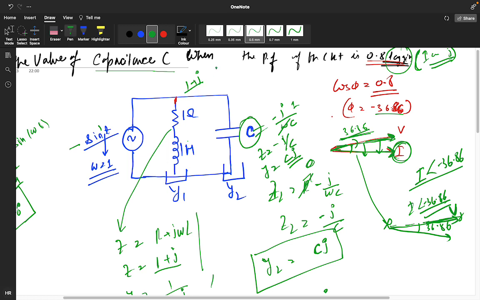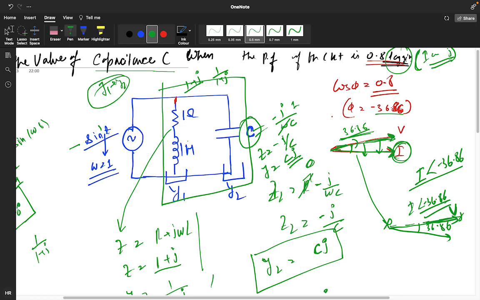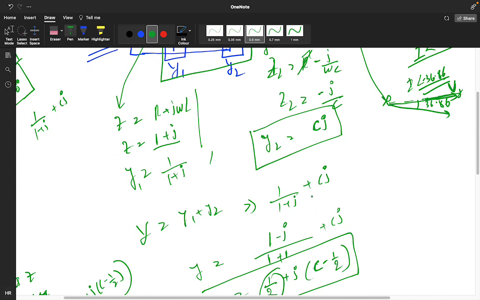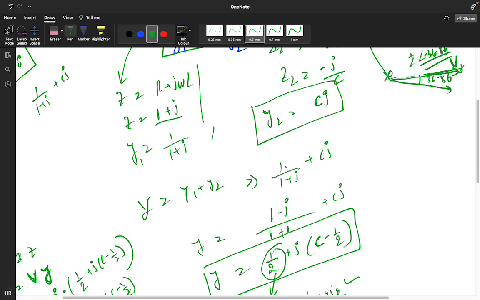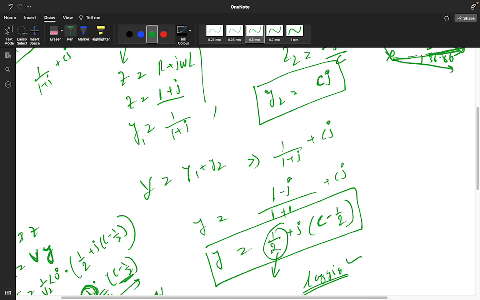And what will be the Y? 1 divided by 1 plus j. And overall Y is Y1 plus Y2. So we are getting 1 divided by 1 plus j, plus jC. Now I rationalized this: 1 minus j divided by 1 plus j. So if you rationalize, you will get 1 square minus j square.